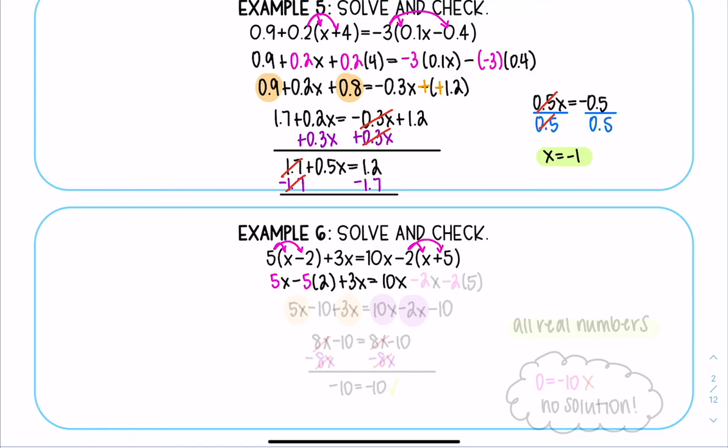And then we've got minus 2 times x, and minus 2 times 5. And so simplifying, we get 5x minus 10 plus 3x equals 10x minus 2x minus 10.